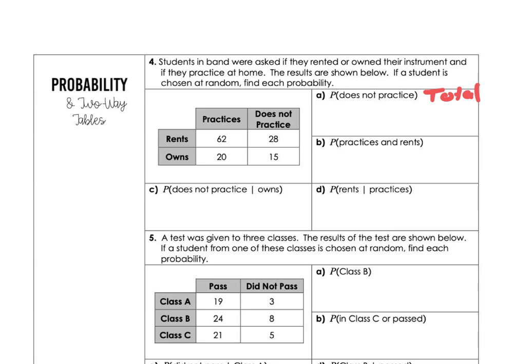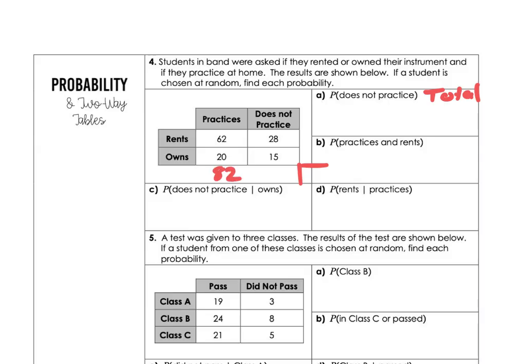Yes, they practice. No, they don't. They rent or they own. Those are the two different things that are being asked here. Now, if I wanted to figure out how many total people we had, what would I do to get that? Well, we could basically just fill it out like what we did on the last couple of problems.